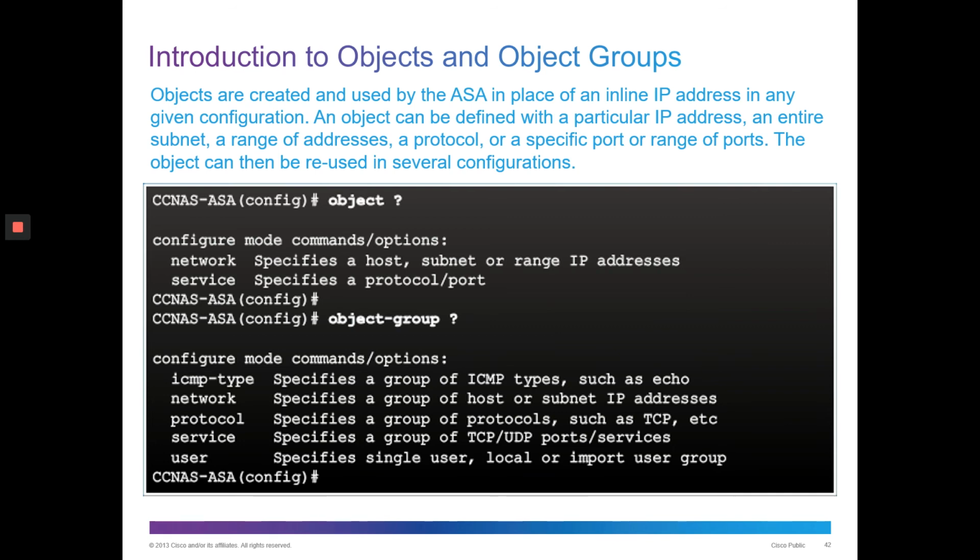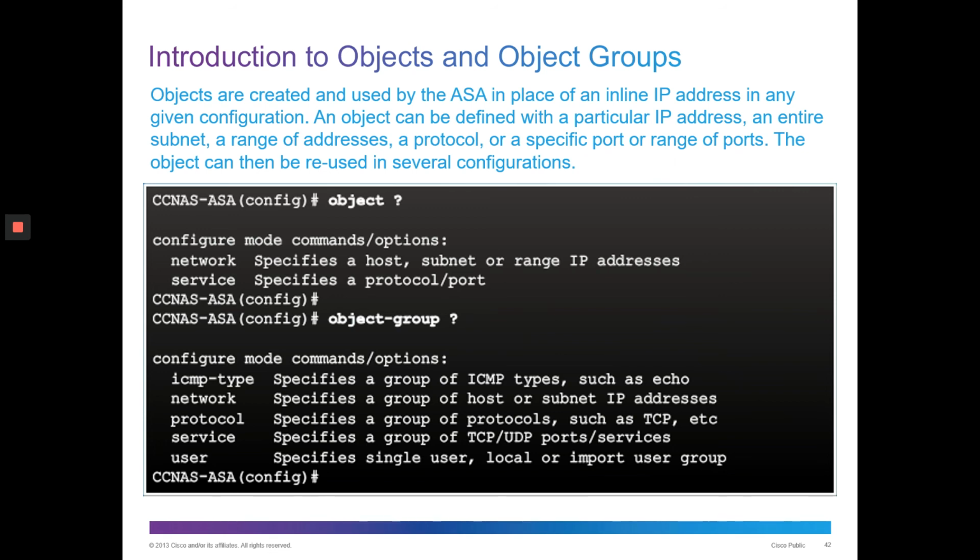Now, for example, you have 10 hosts, so that means you have to create 10 different ACL entries, isn't it? So instead, what you can do is put them into something called an object group and then apply that ACL to that particular object group. So whatever that ACL is, whether it's allow or deny, all the hosts in that object group will have the same setting applied.